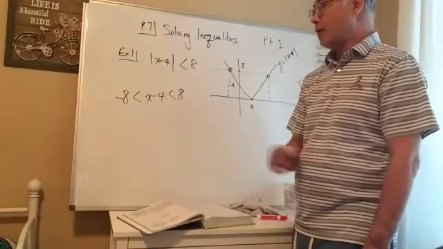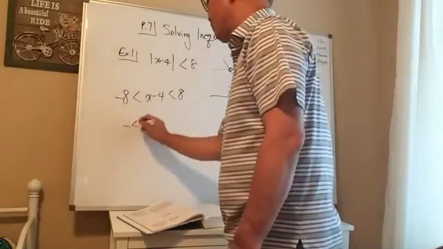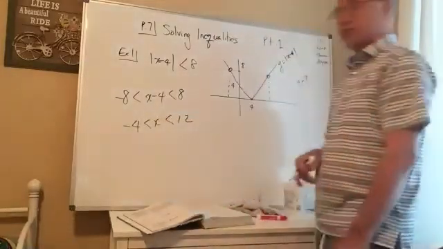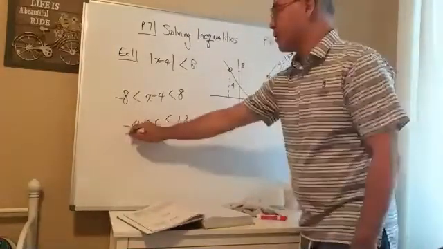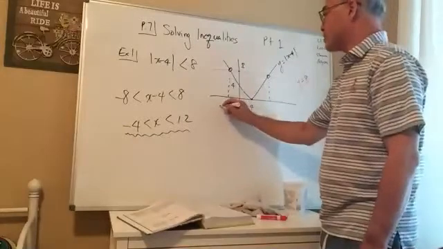Now I just add 4 on everything. It would be negative 4 to 12. So this would be my answer, negative 4 to 12. Obviously this is negative 4, and this here is 12.